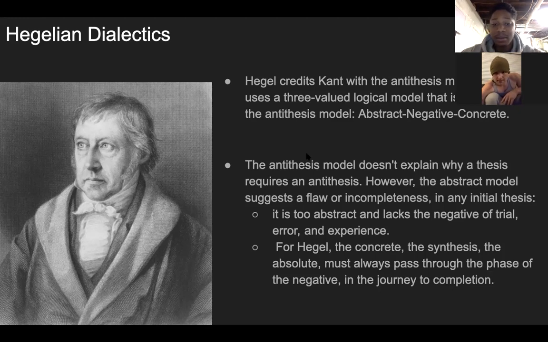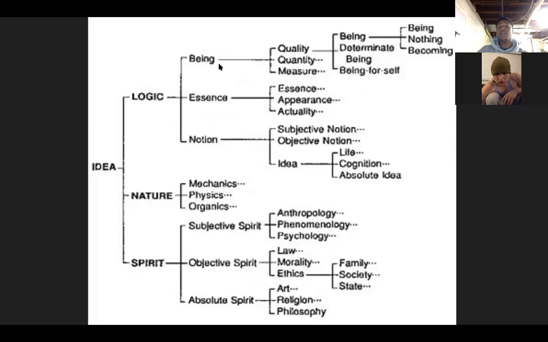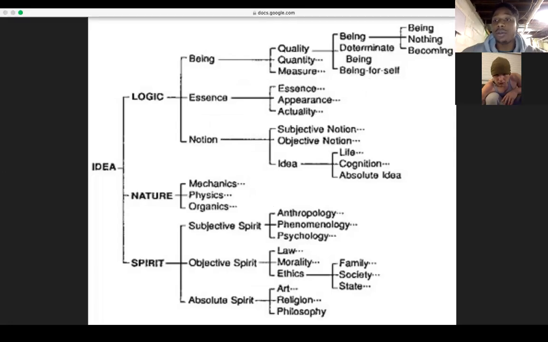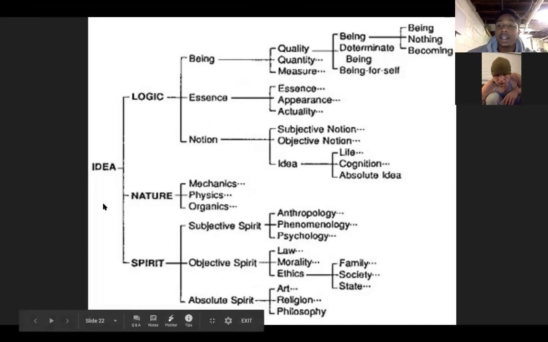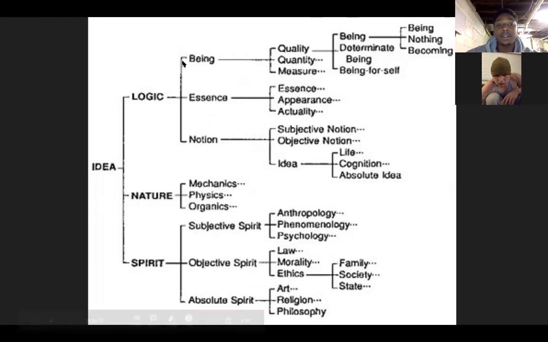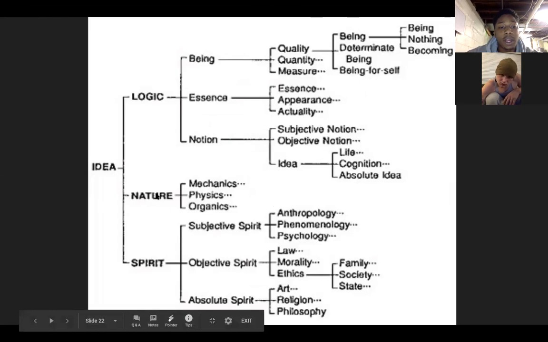All right, so this slide here, I just thought was kind of interesting to go through, because if you don't understand the abstract, negative, concrete, then this is just words pretty much. But once you understand that idea, then this becomes something pretty cool, where, through spirit, nature, and logic, an idea pops up.